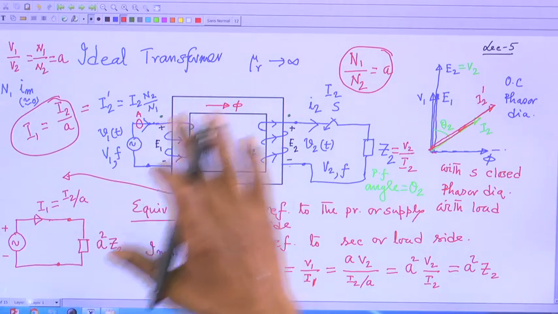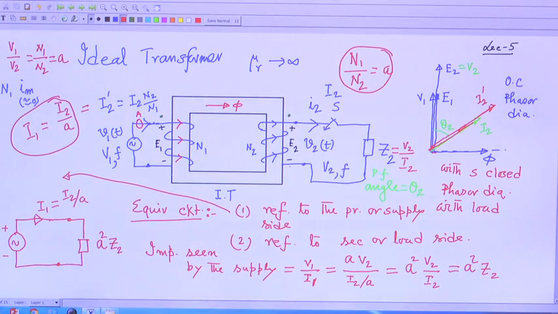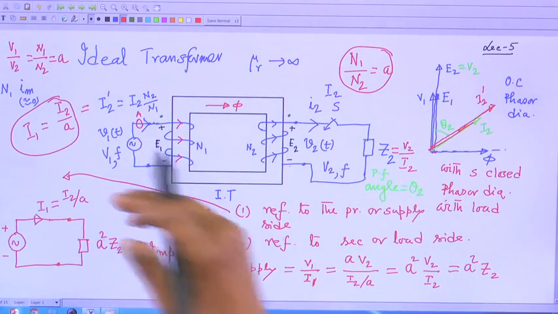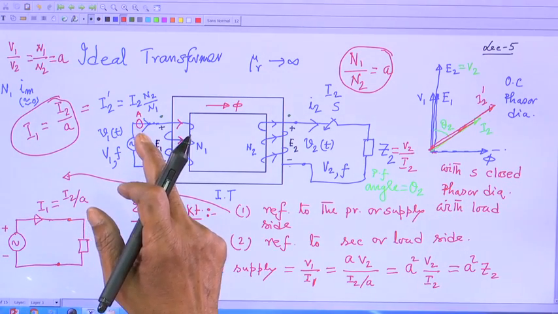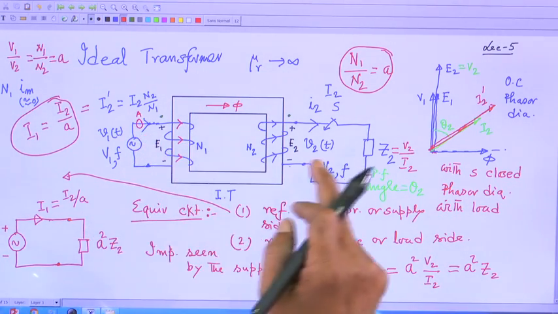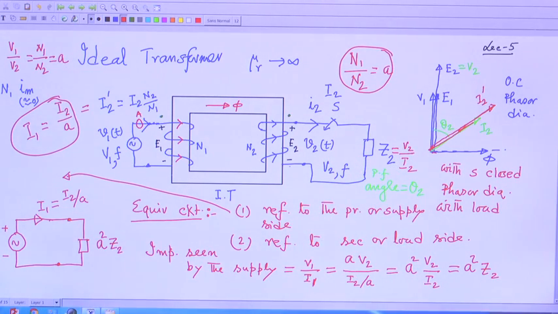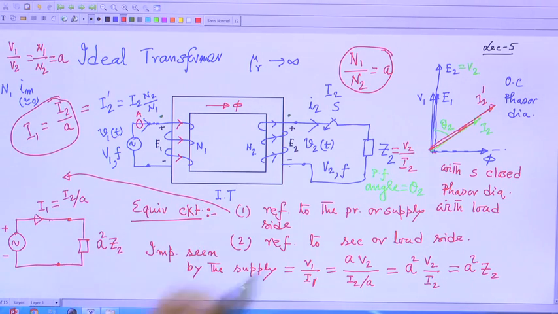To analyze this circuit, you can live with the actual circuit and go by the physical argument, I2 by a, MMF balance, all these things you do, get the current here, get the current there, and power also you can calculate if you like. But here is a nicer way of solving this circuit.